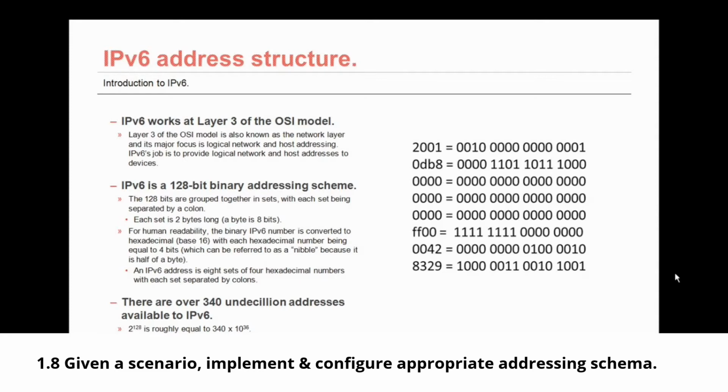That means there are over 340 undecillion addresses available to IPv6. That's 2 to the 128th power, which is roughly equal to 340 times 10 to the 36th power. See that number there? I'm not even going to begin to read that one to you.